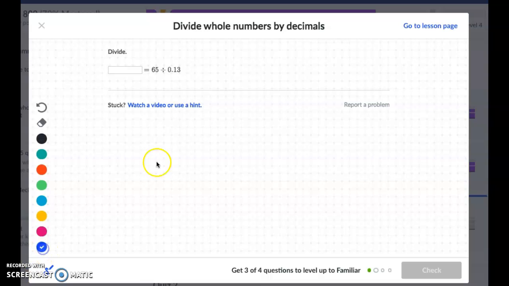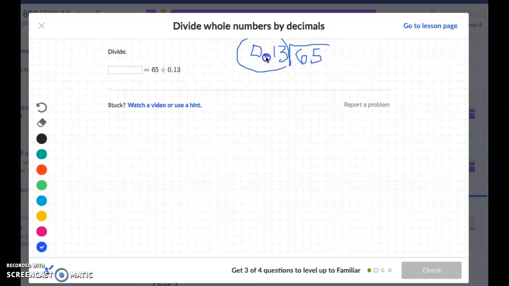Okay, so again, same thing. Our original problem would be 0.13 fits into 65. But we want to make that say, oh my goodness, I don't know how to do this when there's a decimal out here that I haven't learned. So instead, let's multiply this number by 100.